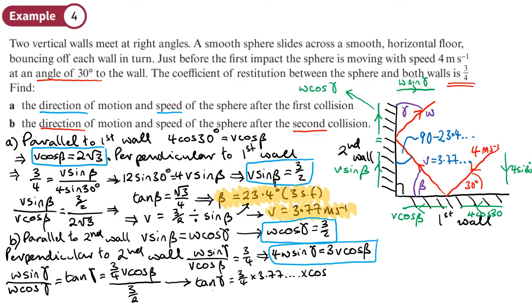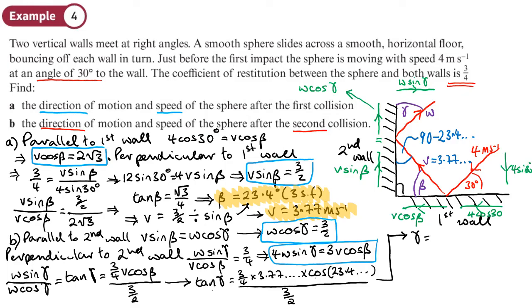Now beta we rounded to 23.4, so I'm going to try and use the exact answer there, all divided by 3/2. So I'm going to try and be as exact as I can using the memory and work out what gamma is.